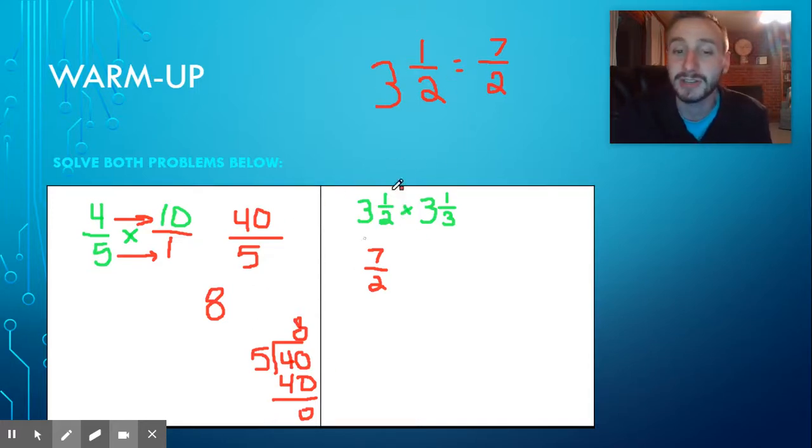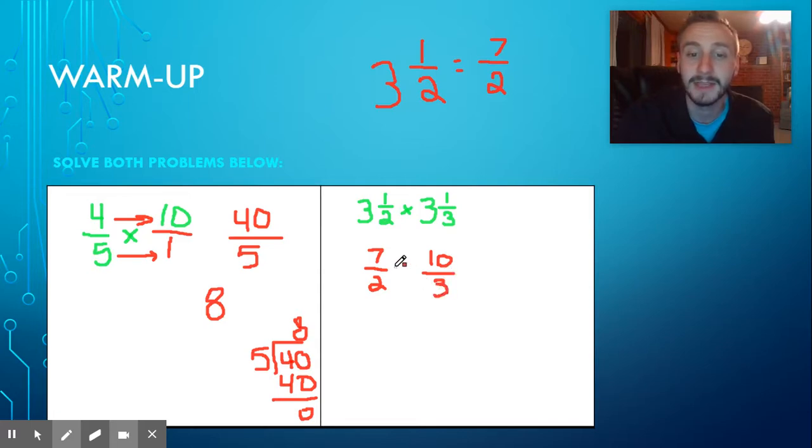We already changed the first mixed number into an improper fraction, which was 7/2. So now let's change the second mixed number into its improper form. 3 times 3 is 9, plus 1 is 10. So that means I get a 10, and your denominator does not change. It stays a 3.